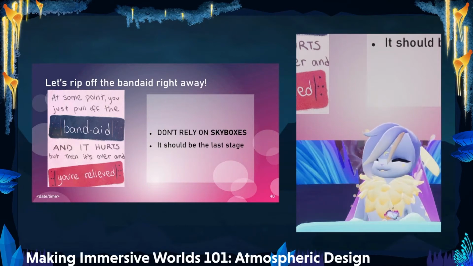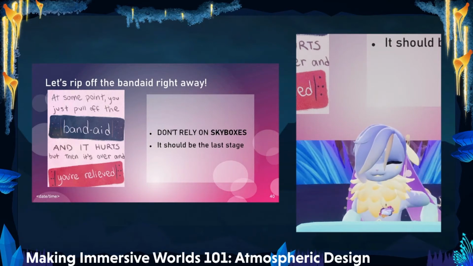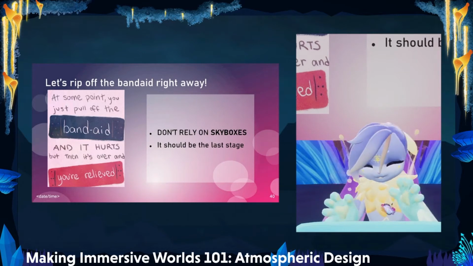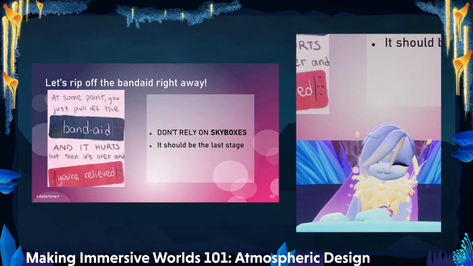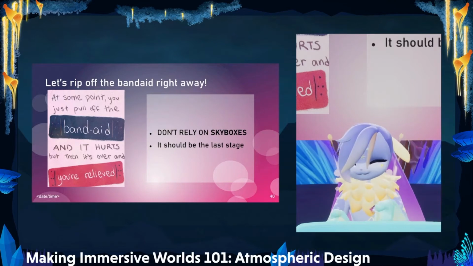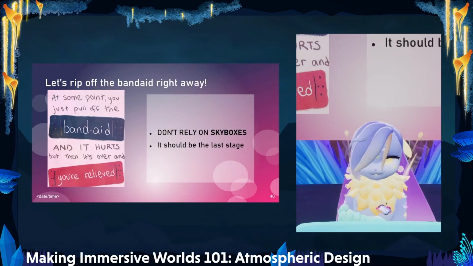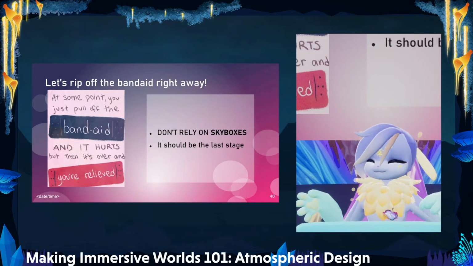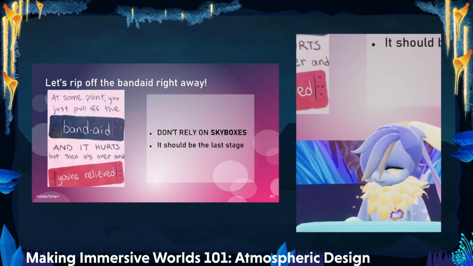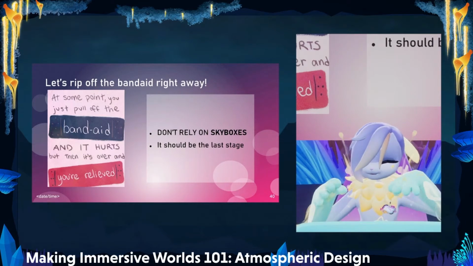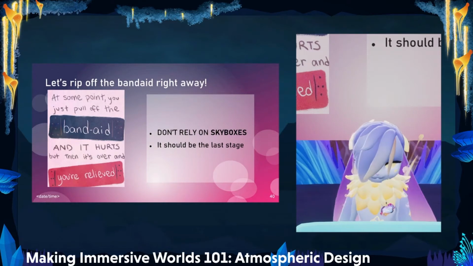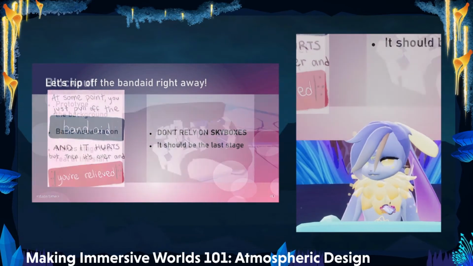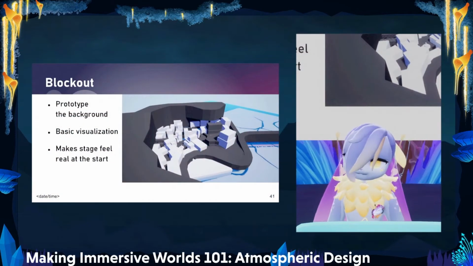I've seen way too many VRChat worlds, I'm sure you guys already saw that, where it's just skybox and the place itself. It doesn't really give off the right sense of feeling. Sometimes you're floating off an entire building or up in the sky somewhere or somehow in the middle of space. It should be the last stage whenever you're working.